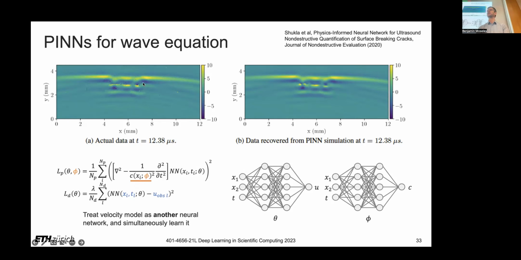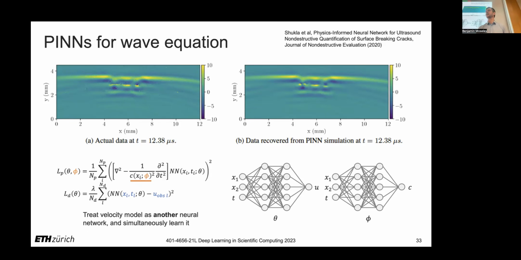And we have a lot of observations, like the wave field at every point in space, basically. As the network does that, when you're training the PINN, whatever residual differential equation it's using has to be the true differential equation to fit that data. And the only way that's going to be true is if that differential equation has the correct velocity model inside of it, that we're also learning at the same time.